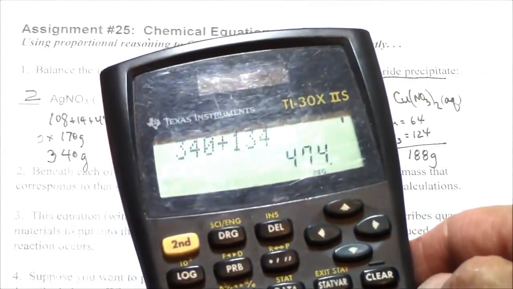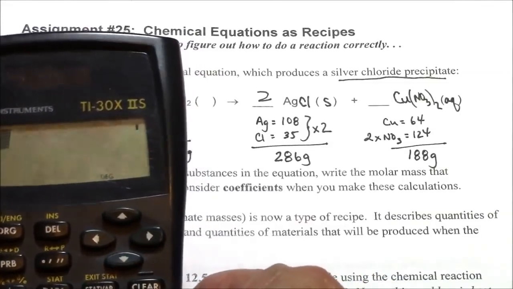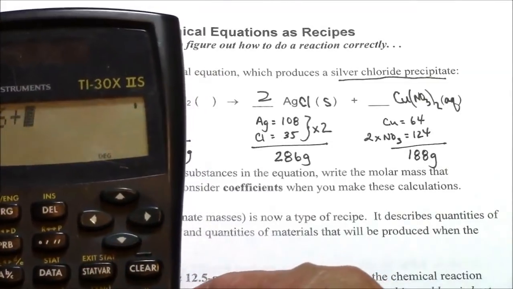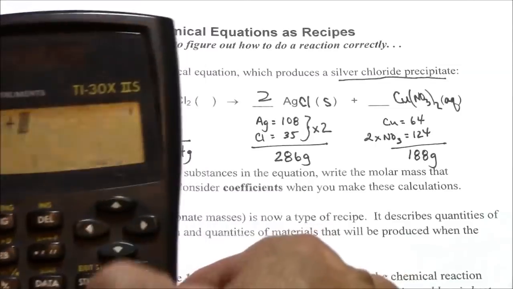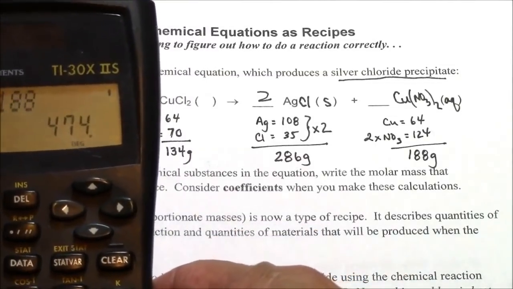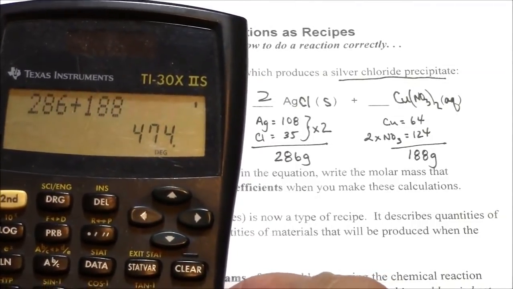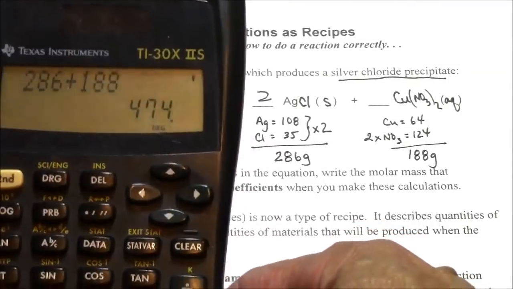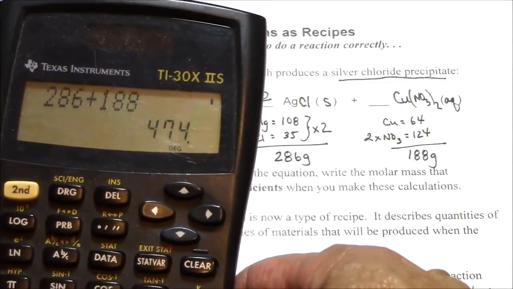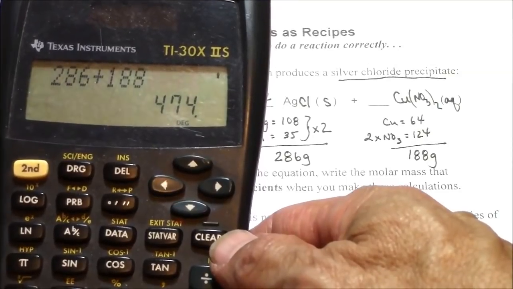That will equal the total on the right, 286 plus 188, 474. So the total on the left side of the equation will equal the total on the right side of the equation. This is a general truth. This is called the conservation of mass in chemical equations.